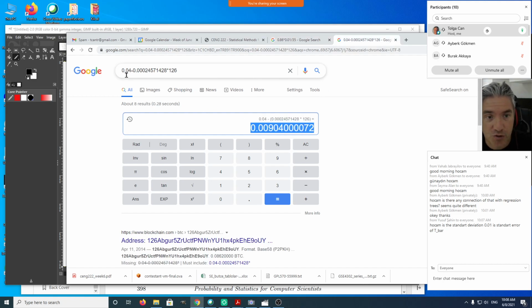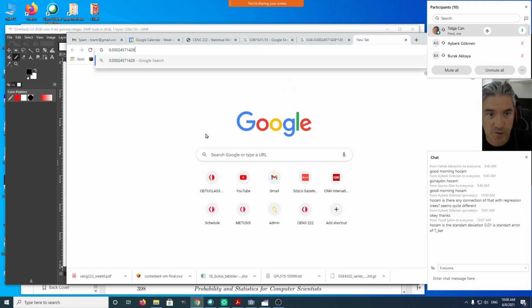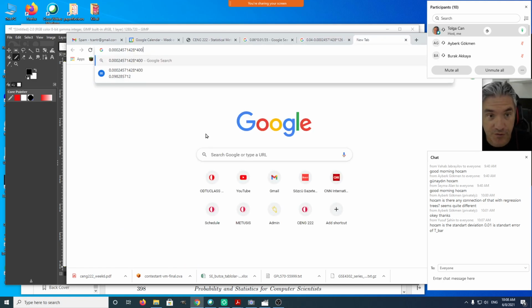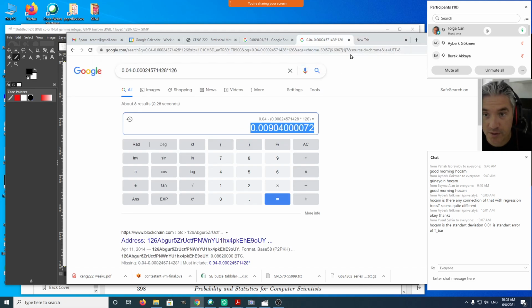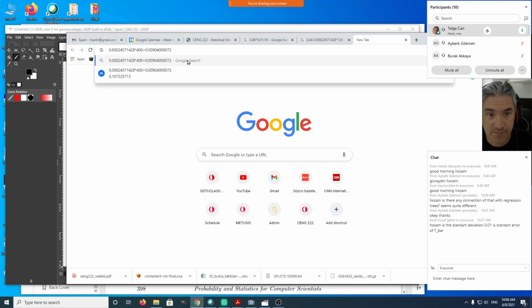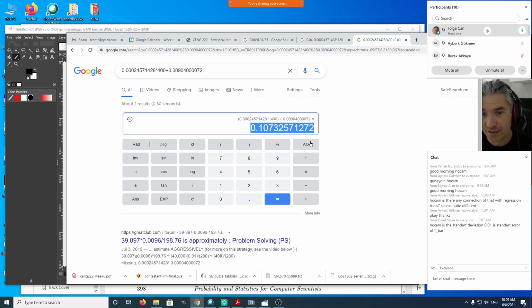I did the equation, 0.04 minus this. So this is B0. So all I need to do is B1 times 400 plus B0, which is this one. And that's your predicted model. It's going to take 0.11 or 107 if you're going to write this. So this is the time in seconds.